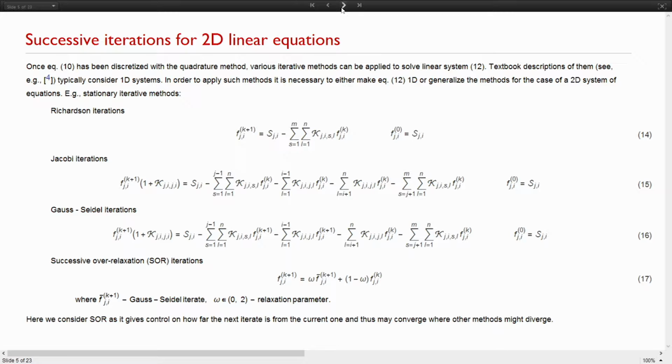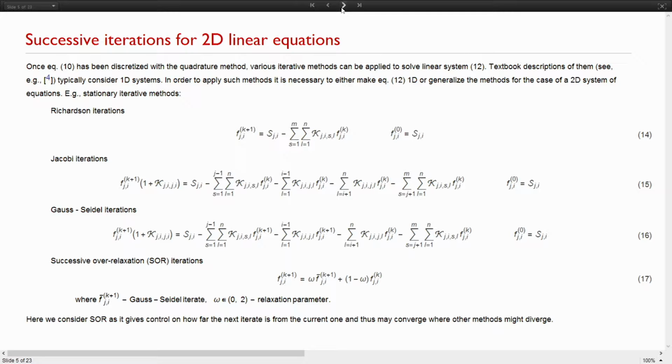Richardson iterations is basically a discretized version of successive approximations for integral equations. And this method is the least efficient.